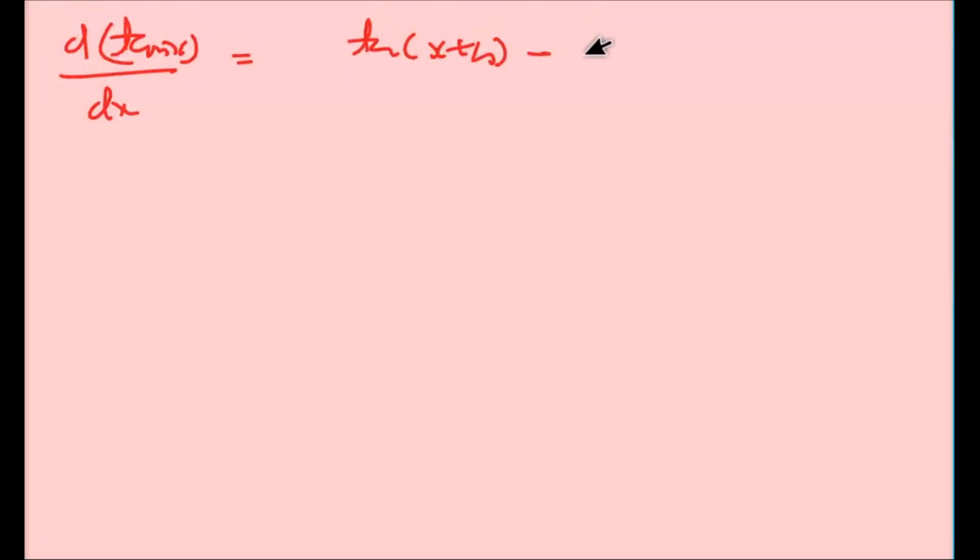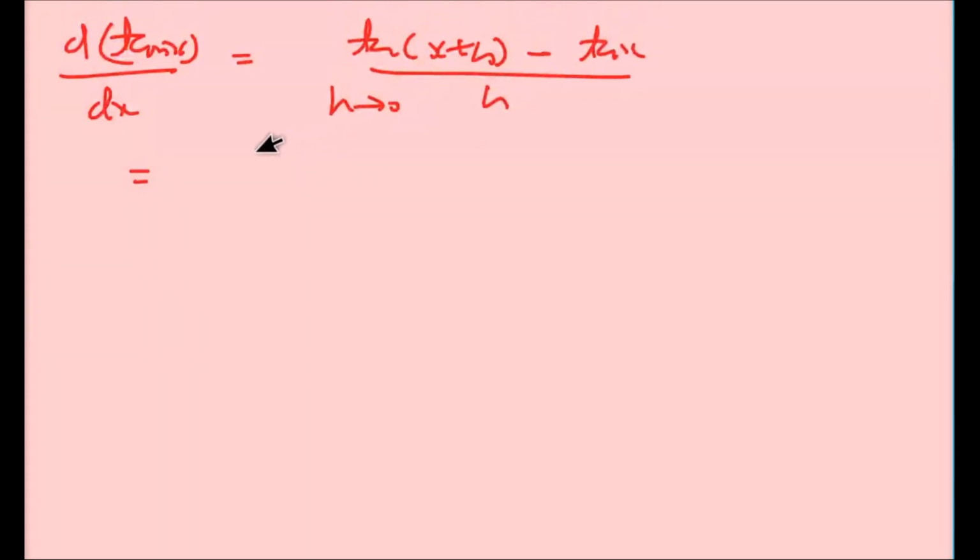Now go to the next trigonometric differential, that is tan x. tan(x plus h) minus tan x upon h, h tends towards 0.